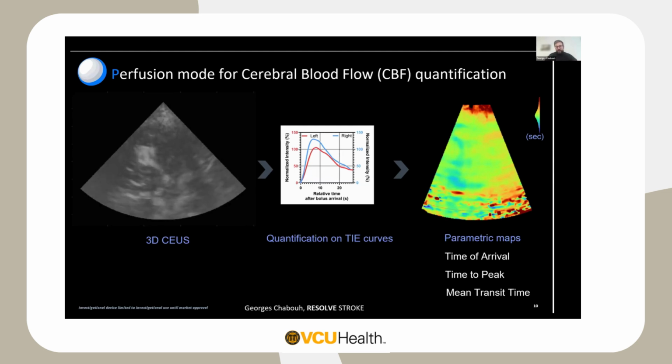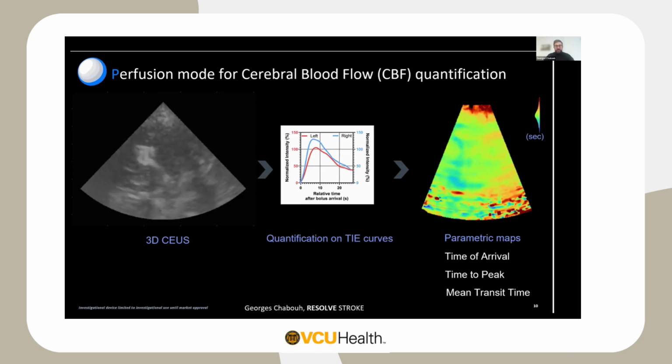You can get a quantification on the time intensity enhancement curve, as you can see here. And then by differentiating the time of arrival in the arteries from the time of arrival in the tissue, you could get, for instance, a Tmax or time to peak map, as you can see on this side, which is exactly what you can get from CT perfusion.